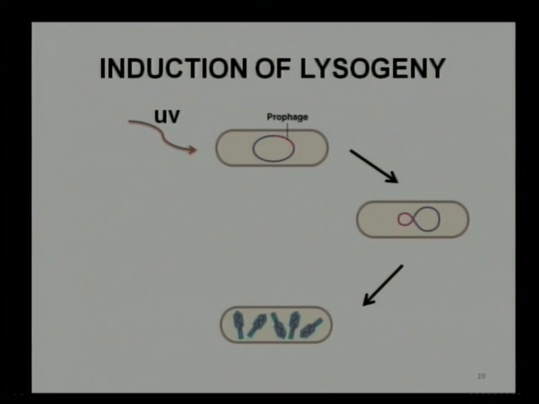Once the progeny are formed, they will break the cell wall of the host and cause the release, meaning the lysis. So induction is ultimately the process of conversion of the prophage form, or the lysogenic state of the bacteria, into the lytic state of that bacteria.